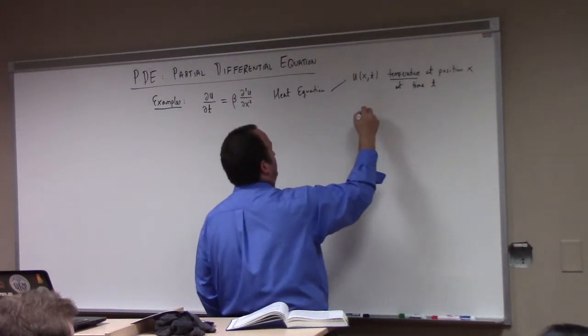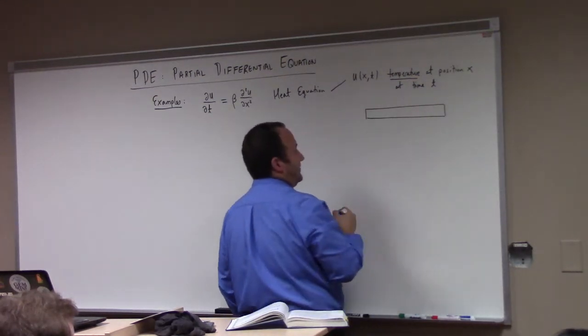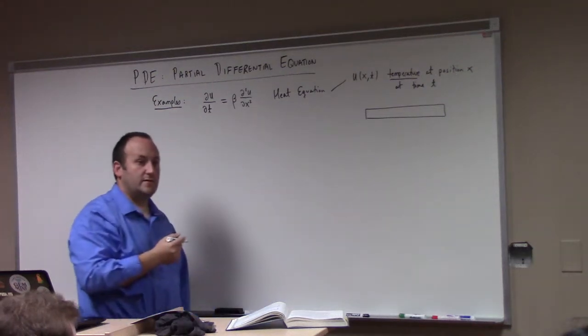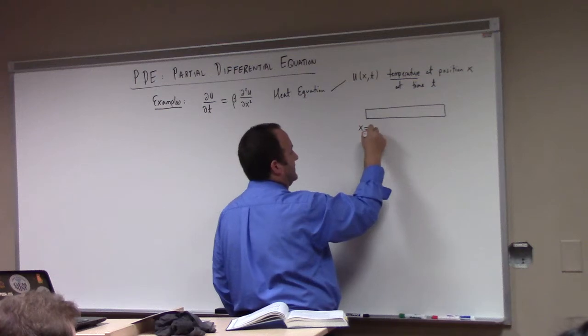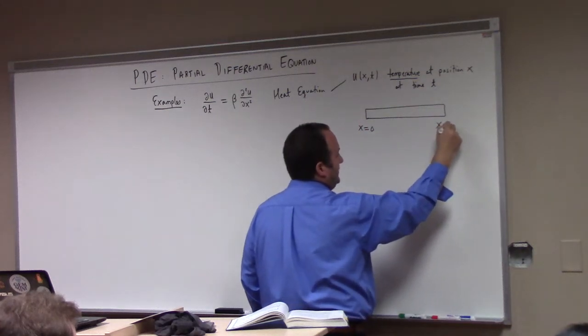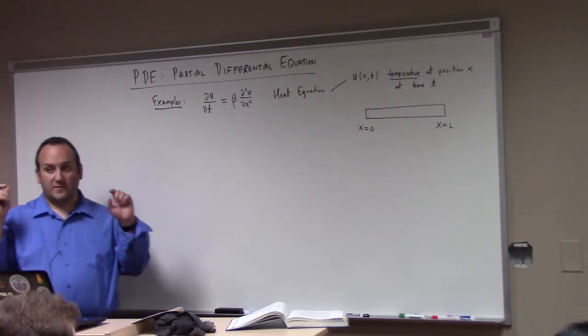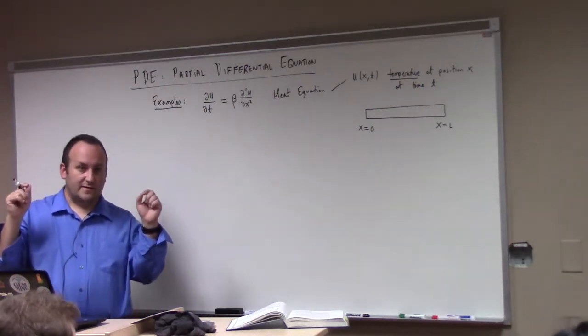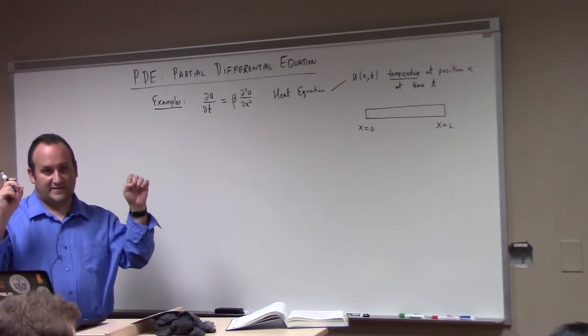Right? And so a typical thing we think about is some kind of rod, where you're looking at the rod that goes from, say, x equals 0 to x equals L, subject to various boundary conditions. Like maybe you've got both ends of the rod in an ice bath, so they're fixed at, say, 0 degrees.